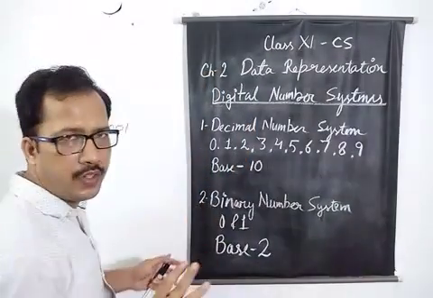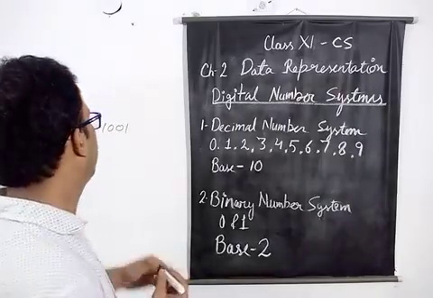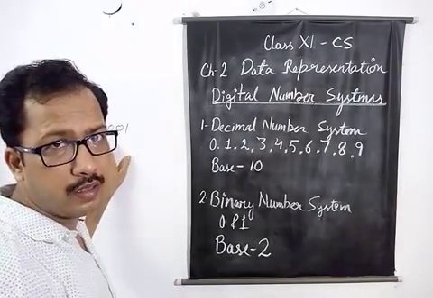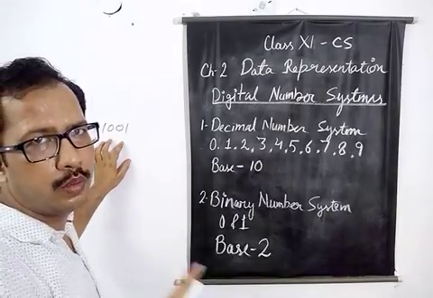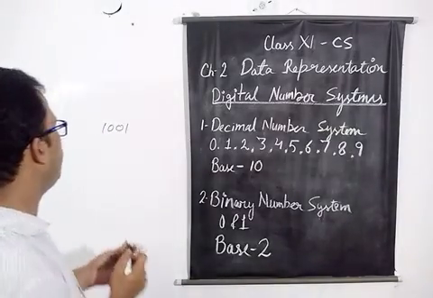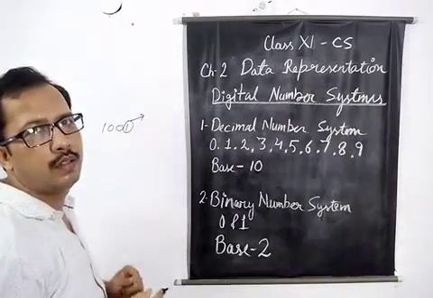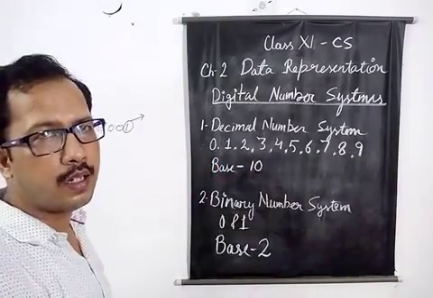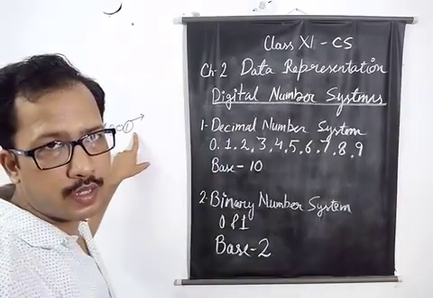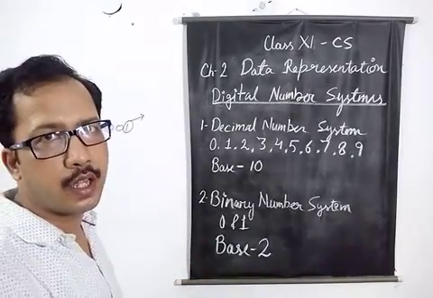Now I am considering the number to be in the binary number system, and we will expand that number into binary form. First, I earlier told you that in the decimal number system, the first digit is known as LSD, and in binary, digits are known as bits.